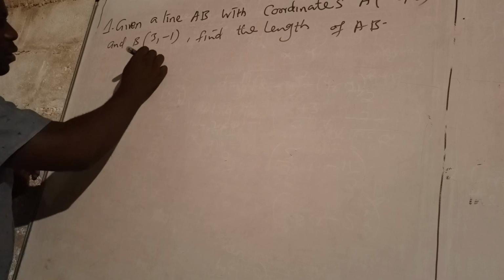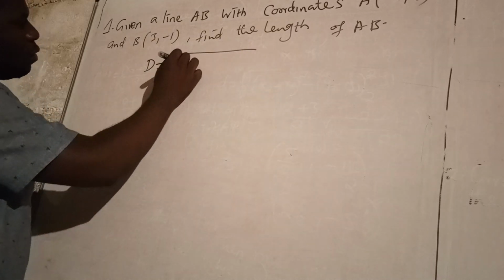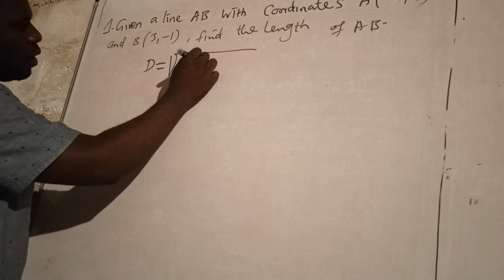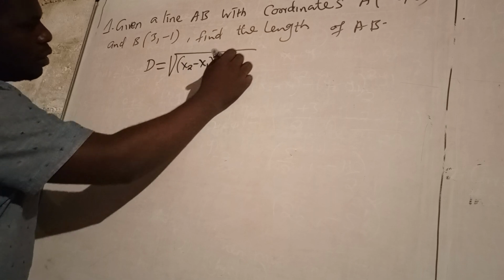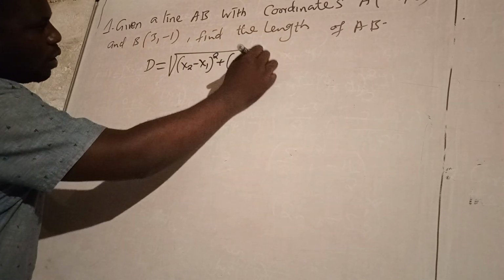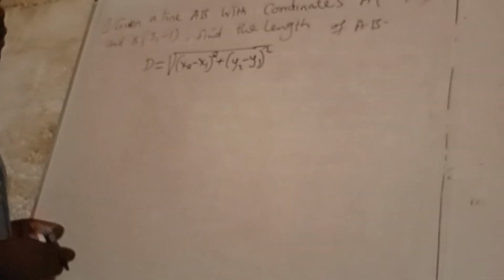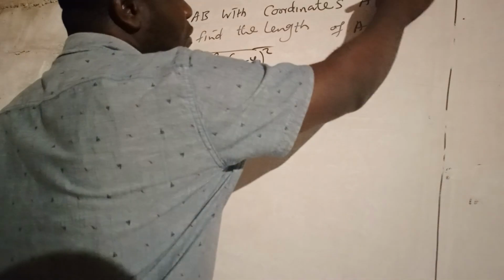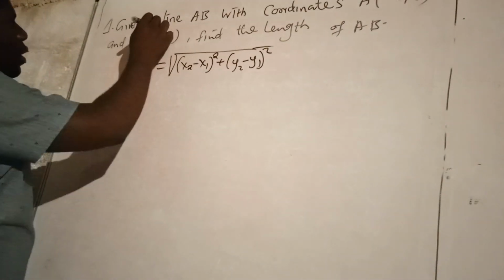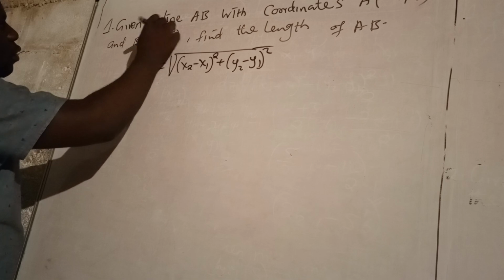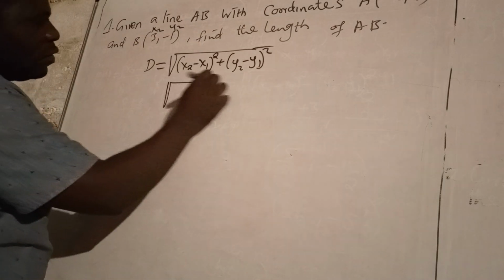So distance is equal to the square root of (x2 minus x1) squared plus (y2 minus y1) squared. So now I need to indicate the coordinates here. I have x, y, so 1, 1. Again here, x, y, 2, 2 there. So I will write the root of this.